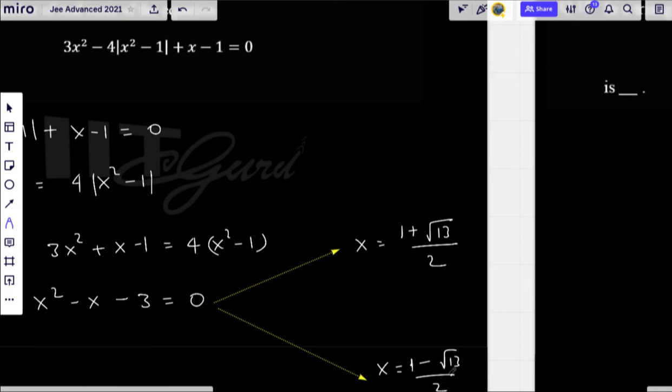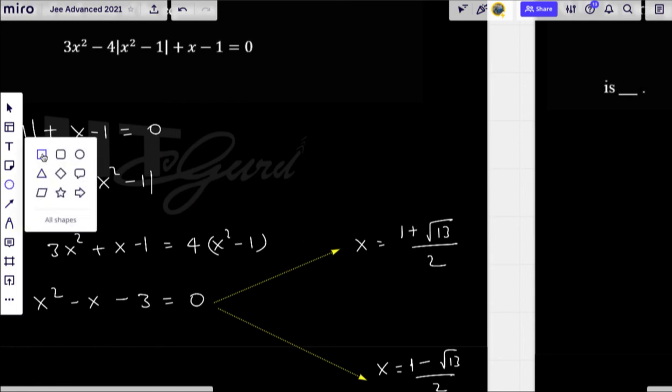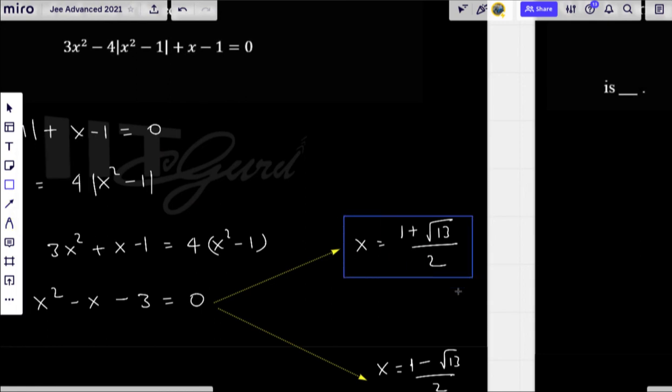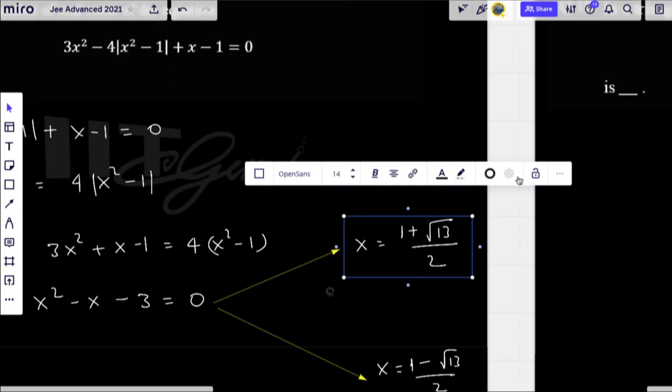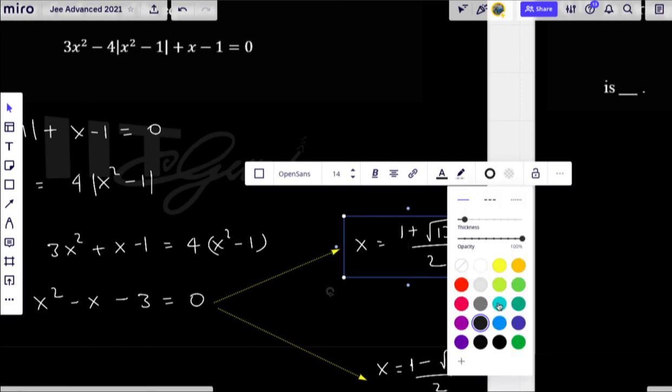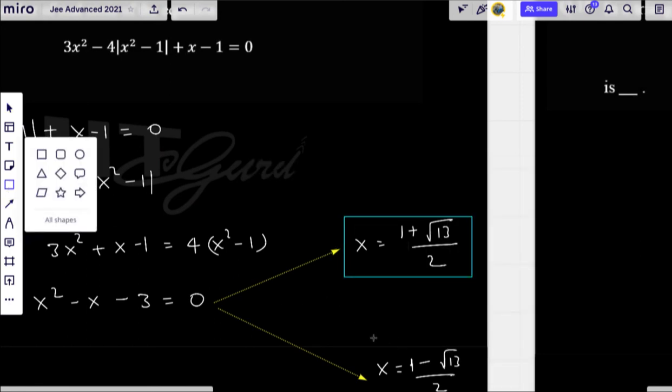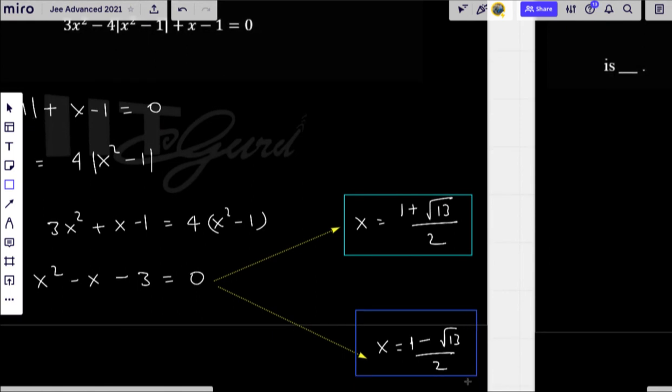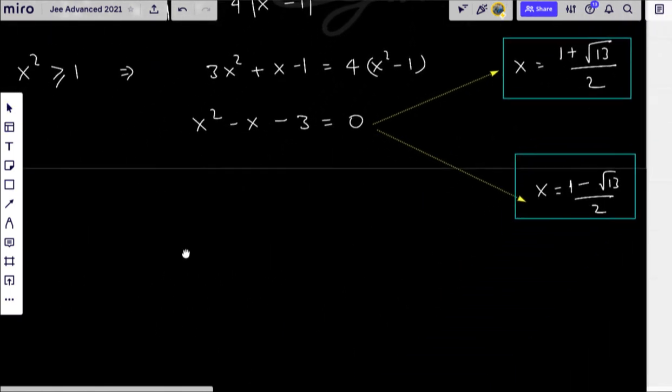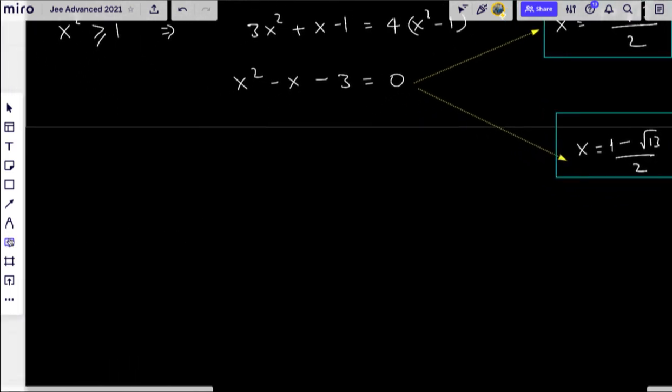So there are two different solutions, two real solutions we find in the x square greater or equal to 1 case. Let's say one more case when x square we consider less than 1.